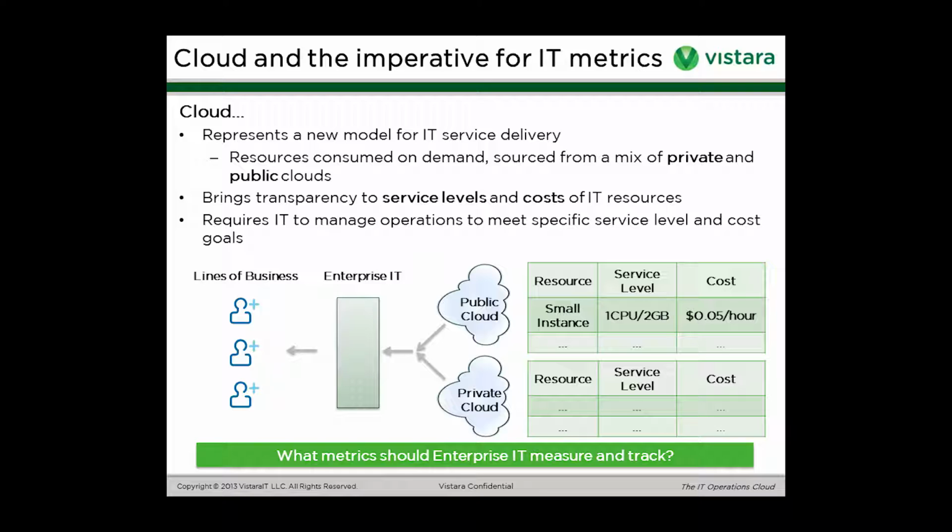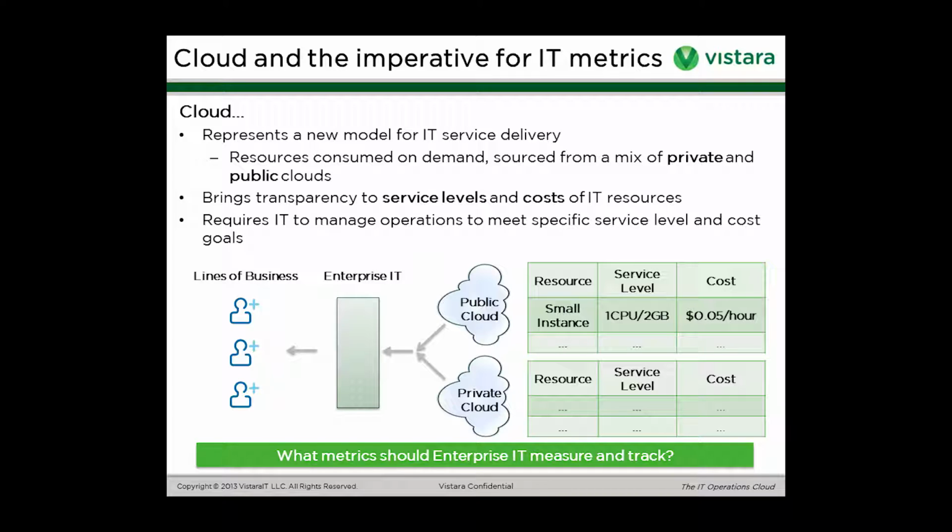As well as aggregating resources from the public cloud, meaning external service providers such as Amazon or Rackspace or many others that are offering cloud-based IT resources, VM instances, bucket storage, database tables, and so on. So we see enterprise IT playing the role of an aggregator of these different services from both internally provided and publicly delivered sources.